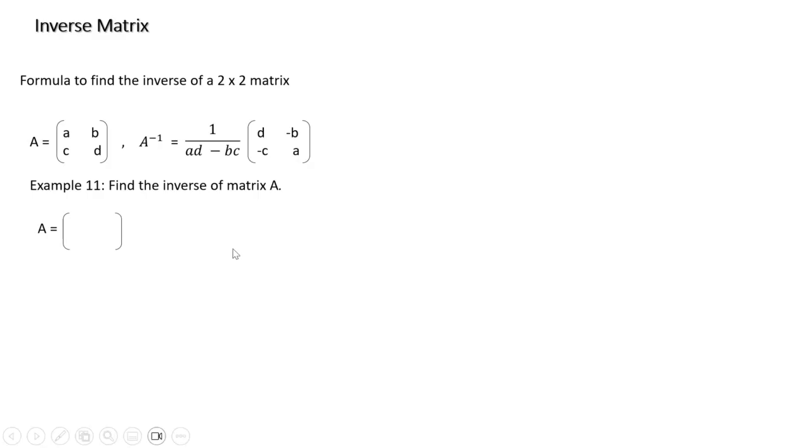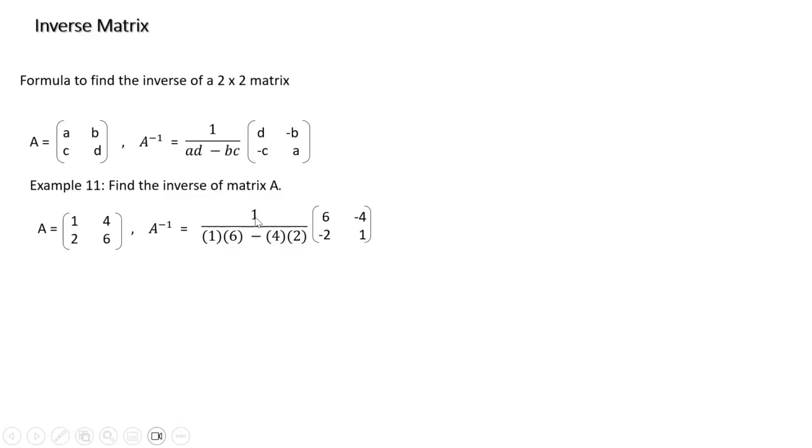So let's do the very same one as before. So the inverse is going to be 1 over 1 times 6 minus 4 times 2. And here, guys, the 1 and the 6 switch places, which is the A and the D location. We switch places. And the B and the C become opposite signs. They will become negative.